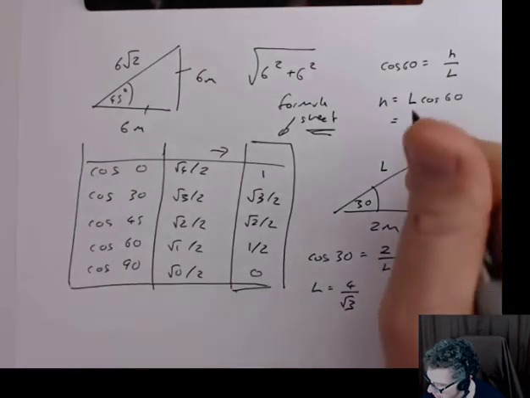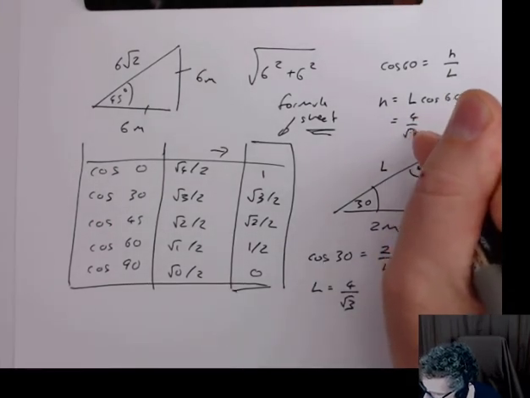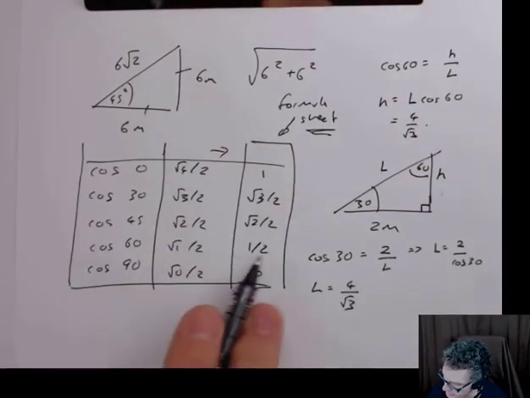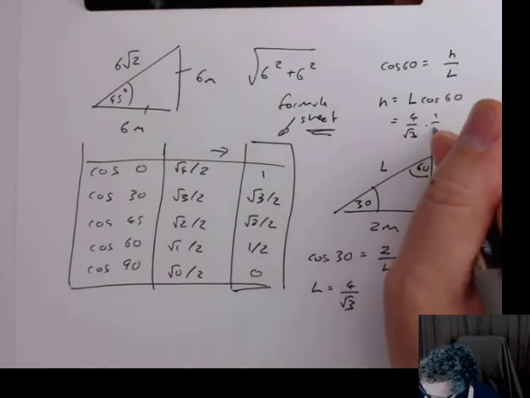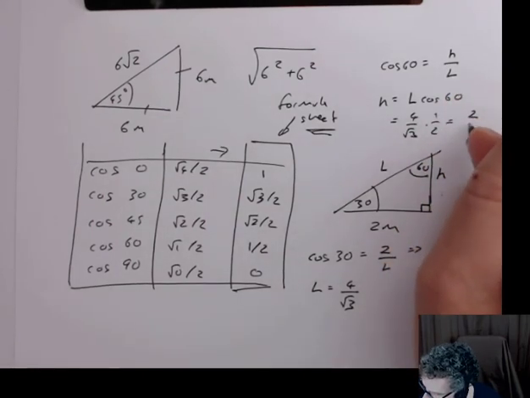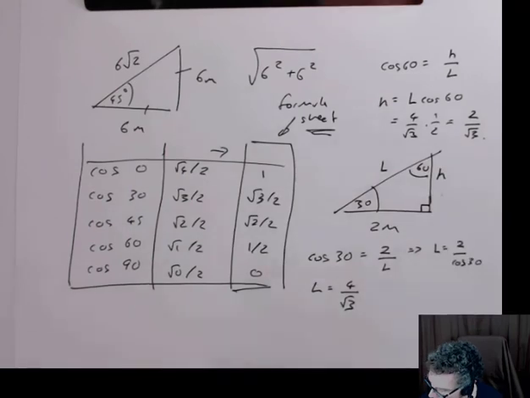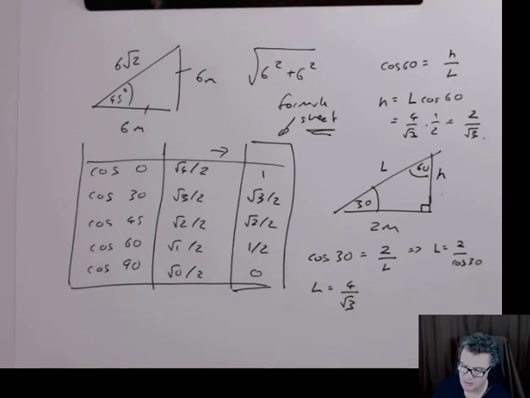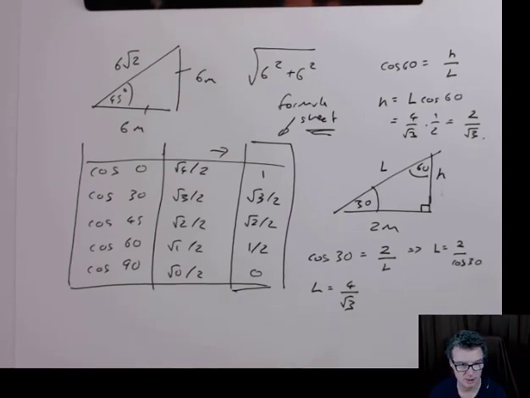The L I've worked out to be 4 over root 3. Cos 60, look it up, that's a half. So that becomes 2 over root 3. Okay. So yeah, you could do stuff like that if you're using irrational numbers.